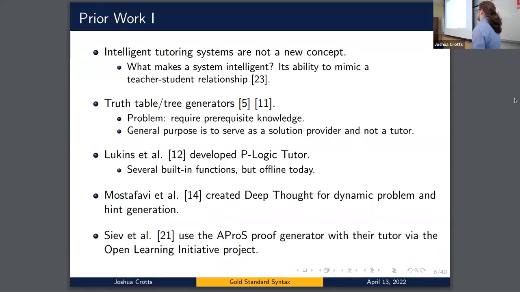There's also the APROS proof generator for the Open Learning Initiative project at Carnegie Mellon. The problem with both Deep Thought and APROS, similar to P-Logic, is that there's not a whole lot of modern research on this. These are probably around 10 years old, I'd say. So we can't evaluate them today. Especially APROS, I was very surprised that there's really no reference to getting their system now.